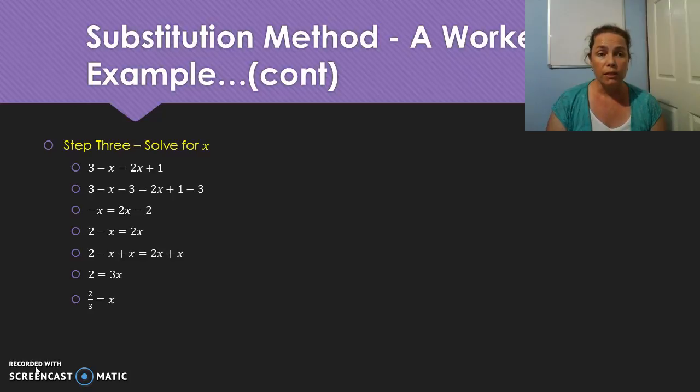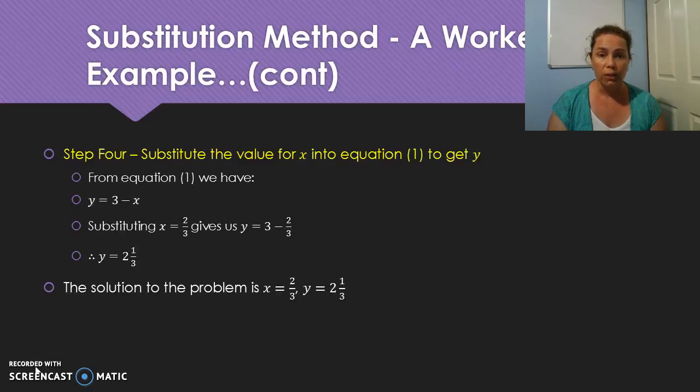After we do this, we need to substitute our x value back into the original equation to get y. So what I recommend is to use equation 1 and to substitute our value back into there. So we now know originally it was y equals 3 minus x, and we know that x equals 2/3, so we get y equals 3 minus 2/3, so y equals 2 1/3.